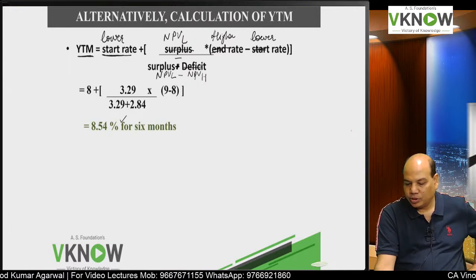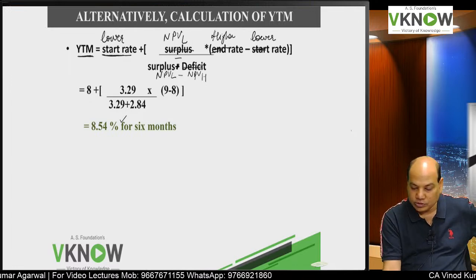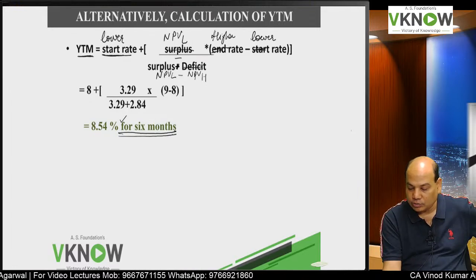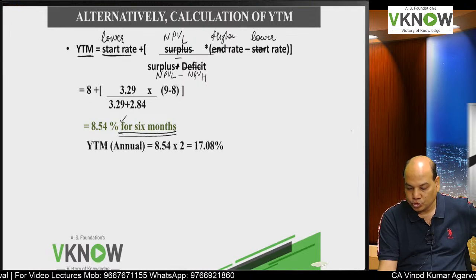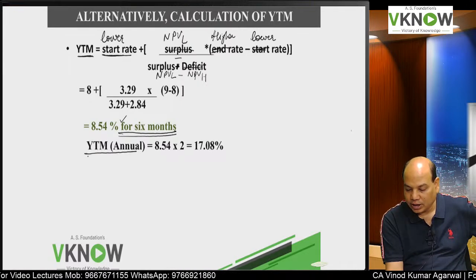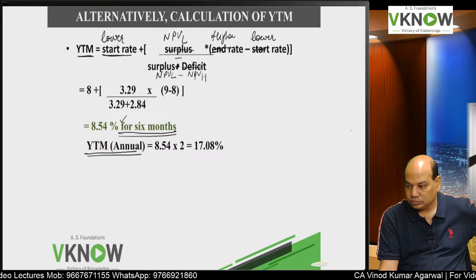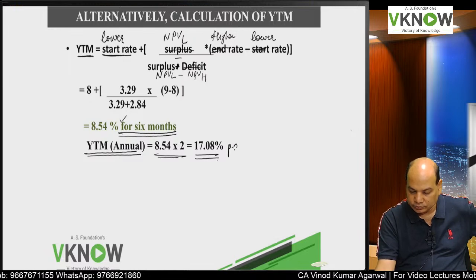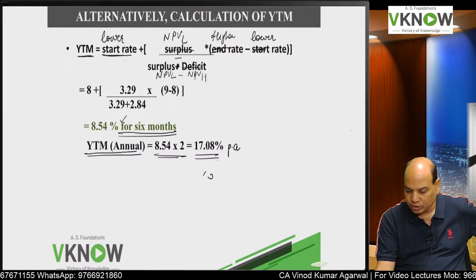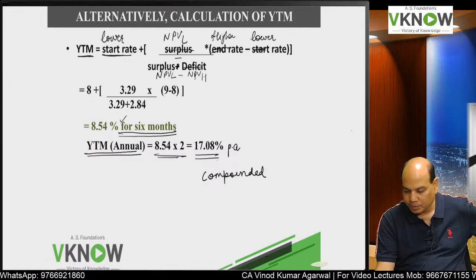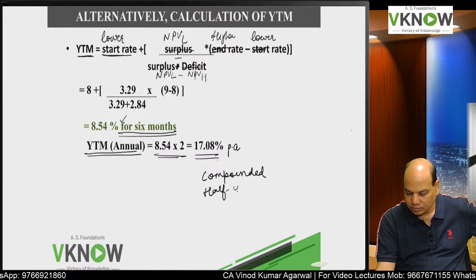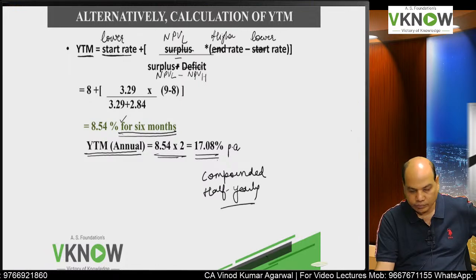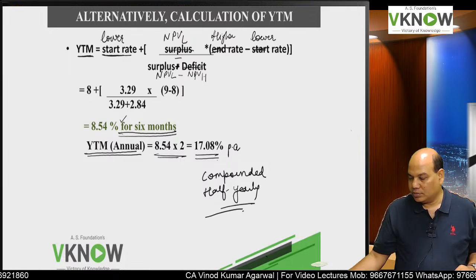So you are getting 8.54%, but that is for 6 months because we have done all calculation for 6 months. So you will write YTM annual is equal to multiply by 2, 17.08% per annum compounded half yearly.